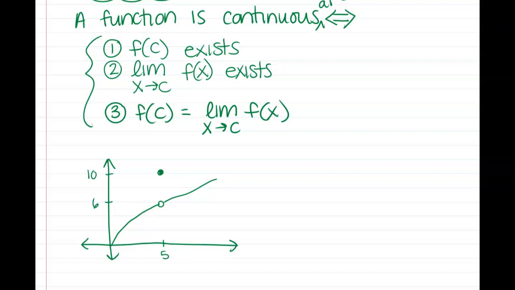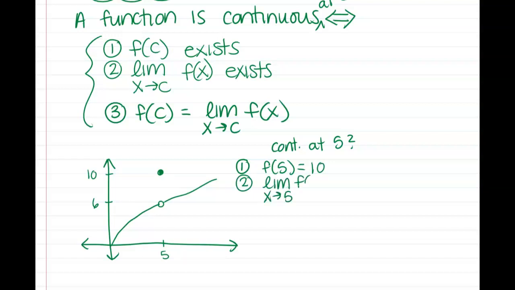Okay, so looking at the continuity test, we look for these 3 steps. I'm sorry, we're checking at 5, so is this continuous at 5 is what we're looking for. So number 1, does f of 5 exist? Yeah, f of 5 is 10. What about the limit as x approaches 5?